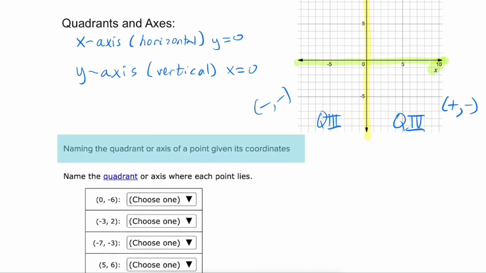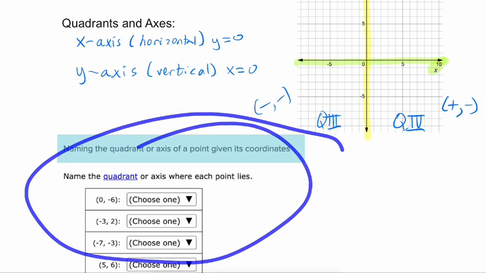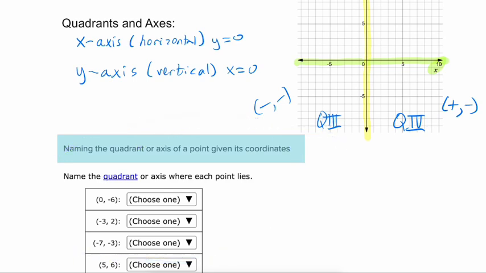So here is a type of ALEKS question that they might ask you about the quadrants that you're in. Let's label our points just so that we have something to go with. Let's call this A, B, C, and D. And then I'm going to label it on the actual graph paper that we have in that top right corner. A is the point (0, -6). So remember, we go 0 in the x direction, so we don't go left and right.